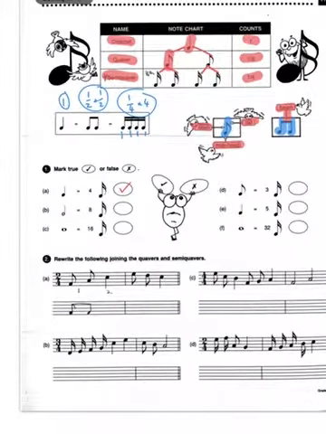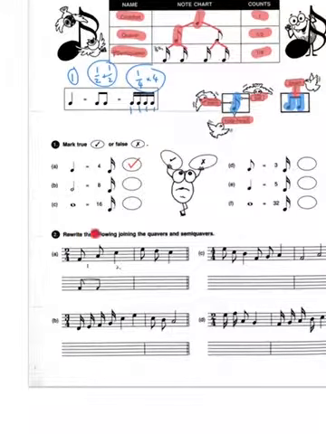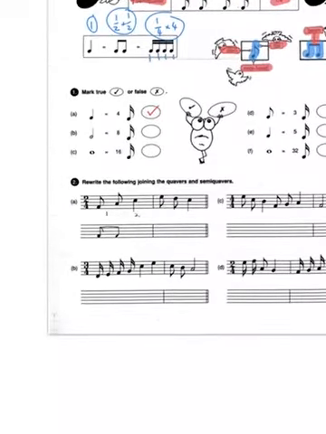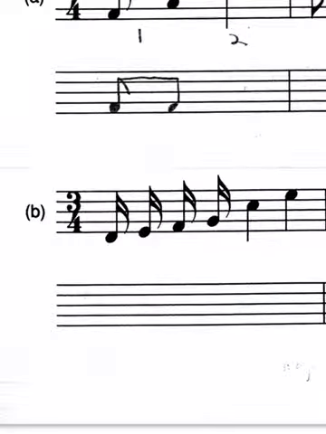Alright, so you're going to now need to rewrite the following, joining the quavers and the semiquavers. So let's start with this number B over here. So again, I'm writing on an iPad, so I would expect that yours would be a little bit neater than this, but let's give it a try. So we start with the time signature.